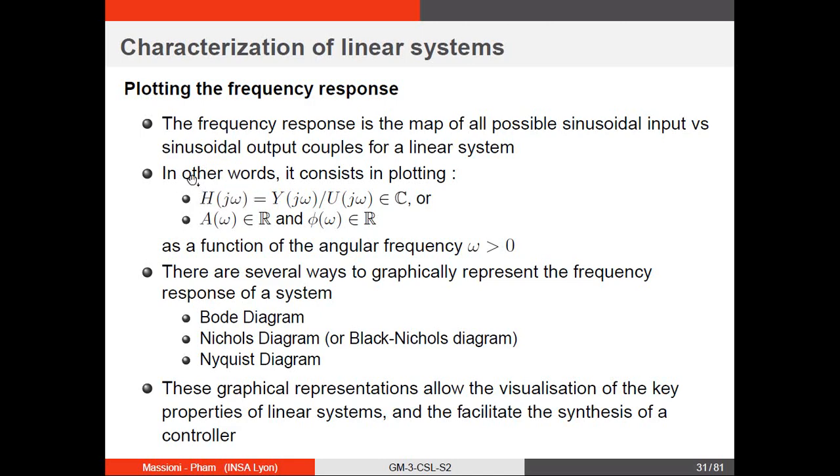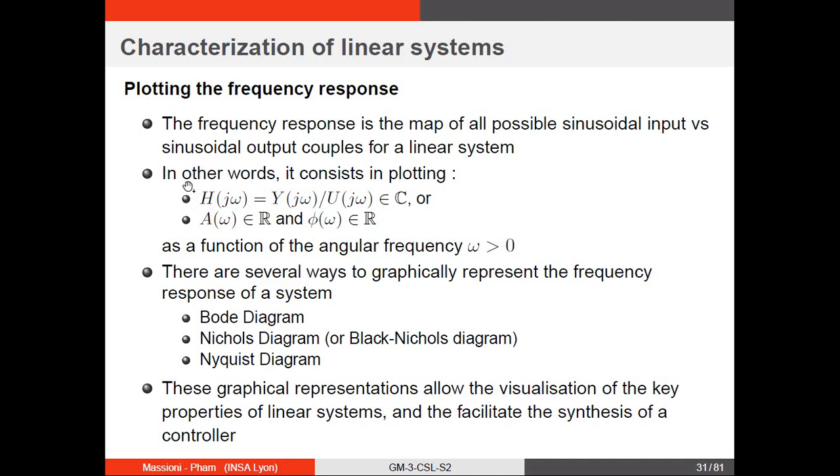As we know from Fourier theory, all signals are a sum of harmonics of sine. This is very important because if you decompose any signal into its harmonic components, then knowing the value of h of j omega for each omega allows you to understand what you will have for output.